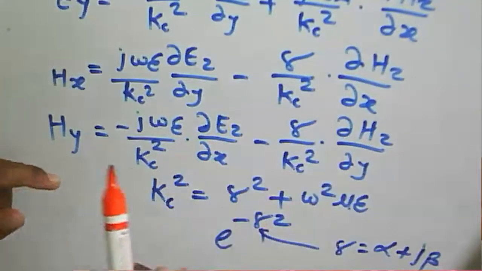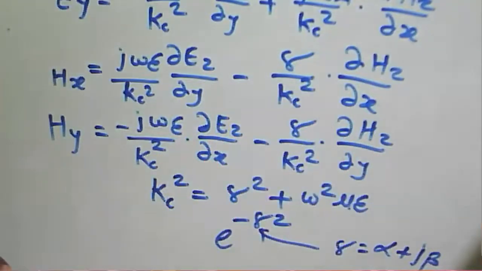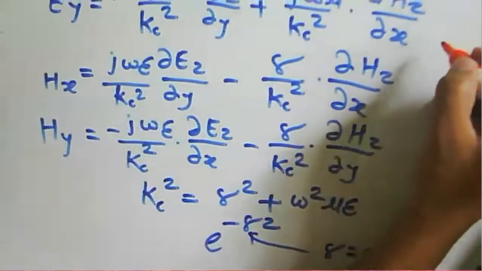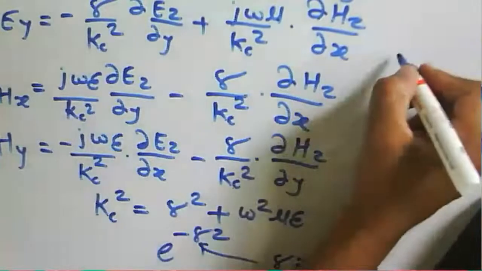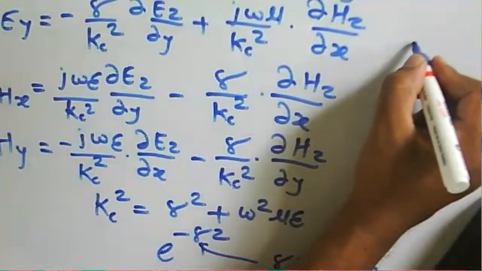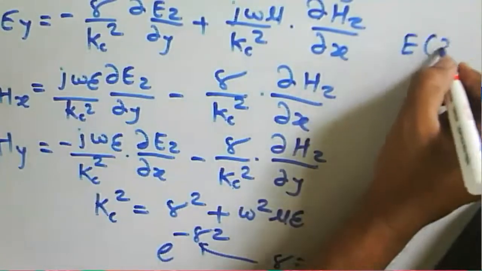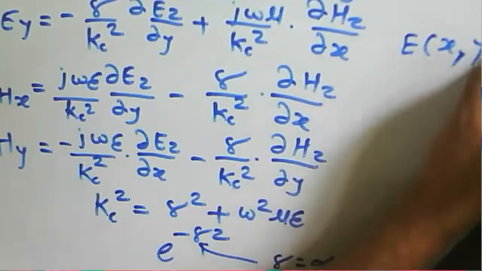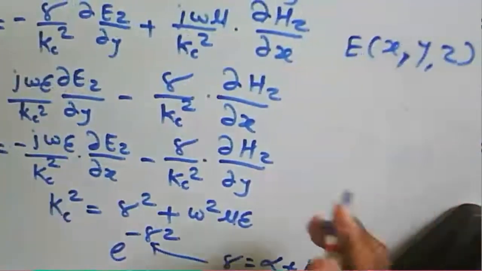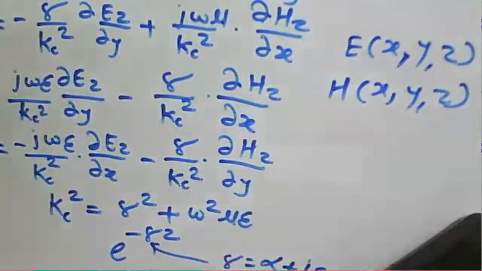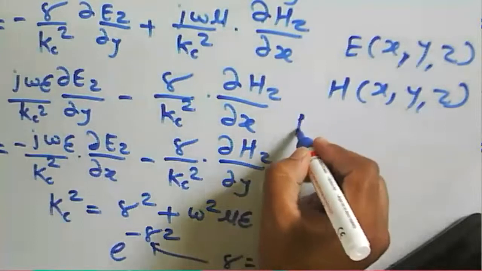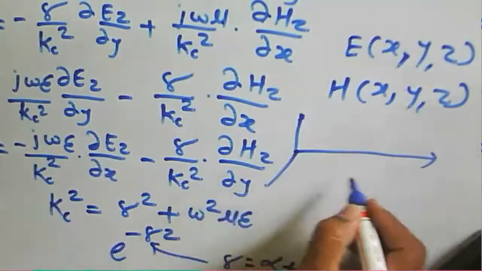The common thing in all these equations is that the wave has electric field components along x, y and z. Similarly, we have the magnetic components of x, y and z. But as we have seen earlier for a uniform plane wave, the wave is propagating in a z direction.